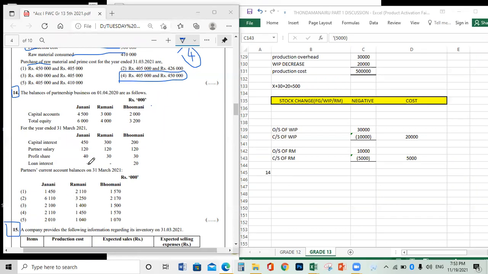Guys, if it is an MCQ question in your exam, please don't waste time drawing the current and capital accounts, because that is going to waste a lot of your time. In MCQs, whatever the accounting, you should always find ways to save your time. If you are a smart student, you will always find easy ways to get the answer, but the answer should always be correct.